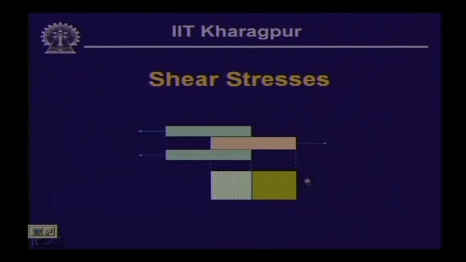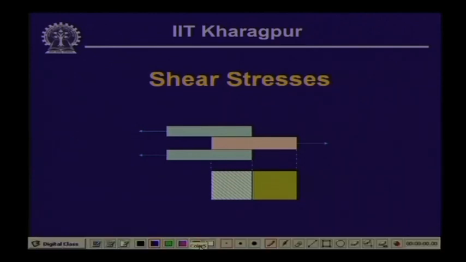Shear stresses: this particular body is acted on by the force P. Eventually, the resistive force will be P by 2 and P by 2.